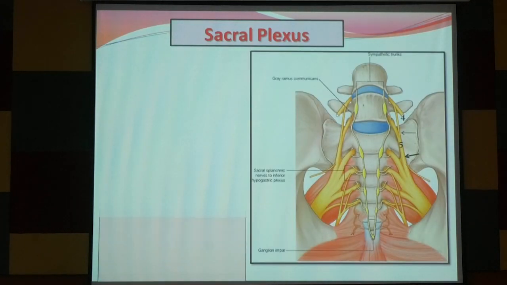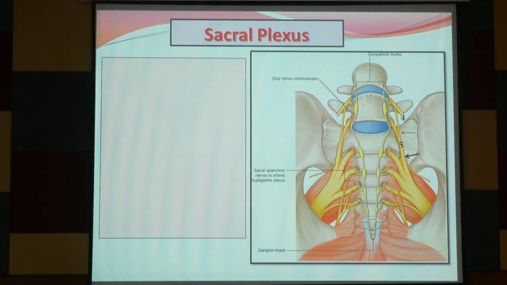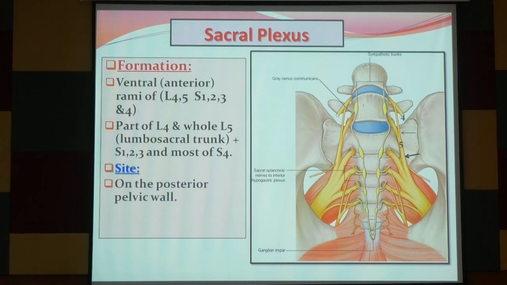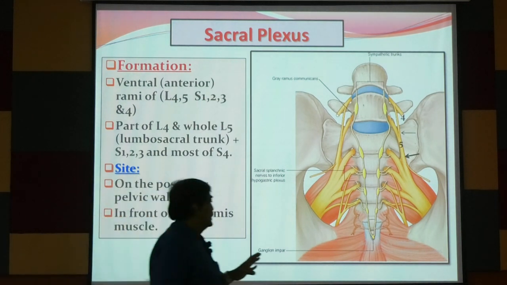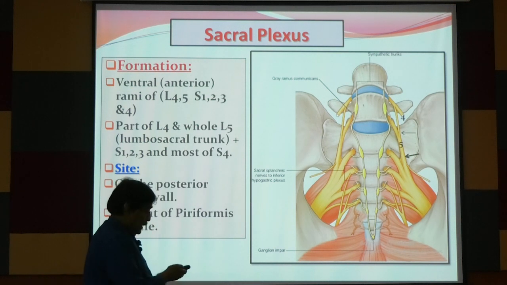Now, the sacral plexus formation. What I want to give you an idea of is this. You can see the pelvis with the lower lumbar vertebrae L4, L5, and this is the sacrum, and this is the coccyx.